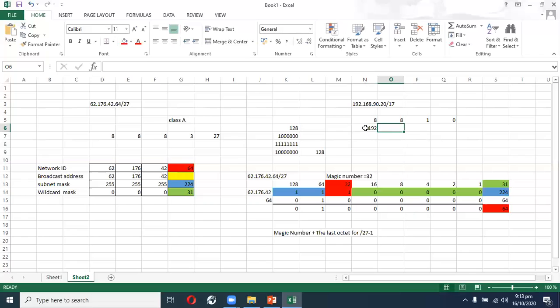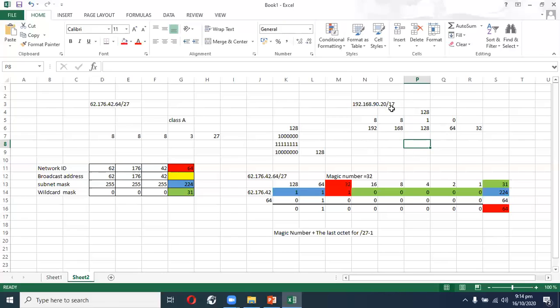The next digit will be 168, and for the third digit we have to use the formula: 128, 64, 32 and so on. Because we are only focusing on this digit, I'm not going to write the whole formula. So for slash 17, our magic number is 128. I hope this makes it clear.